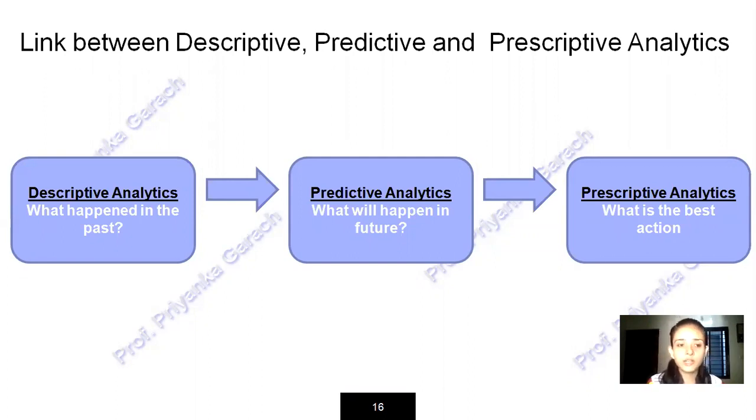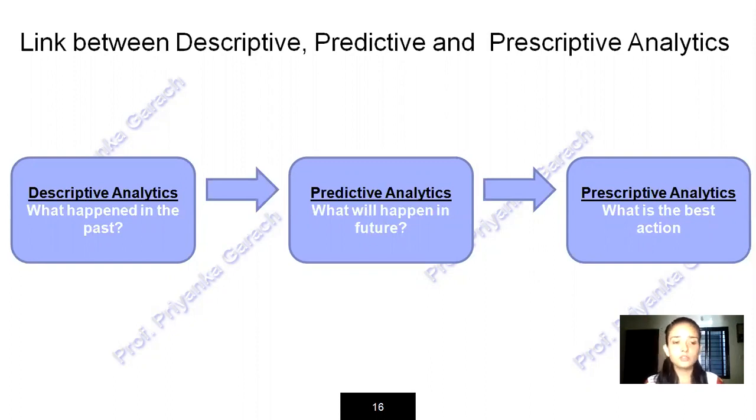Descriptive analytics mainly focuses on what happened in the past. Predictive analytics mainly focuses on what will happen in future. And prescriptive analytics mainly focuses on what the best action is. So this is the difference between descriptive, predictive, and prescriptive.